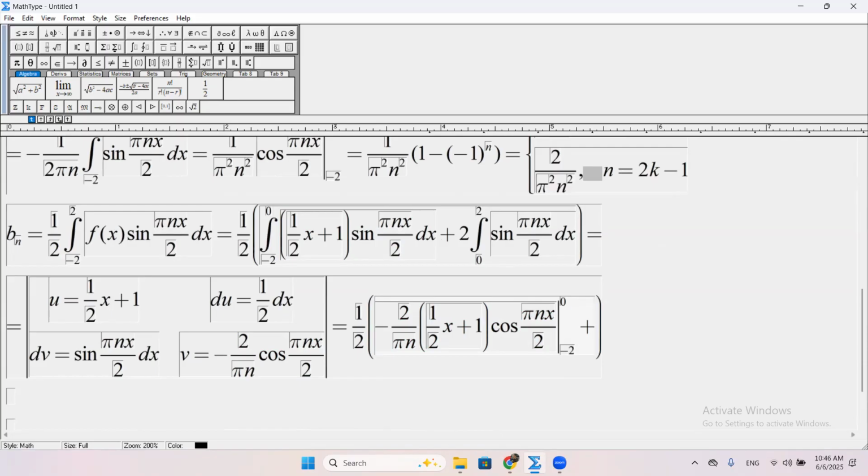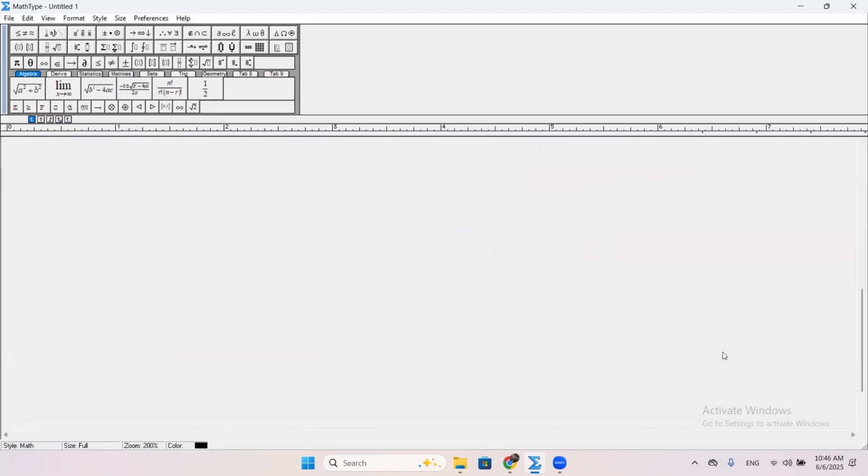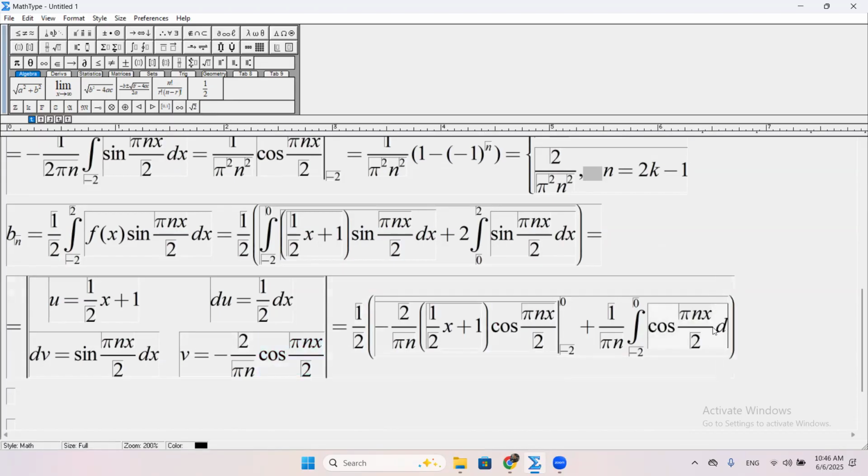Plus 1 over pi n integral from minus 2 to 0 of cosine of pi nx over 2 dx.